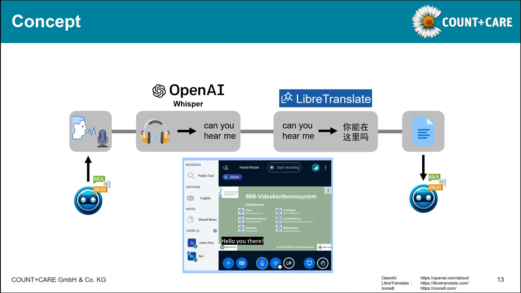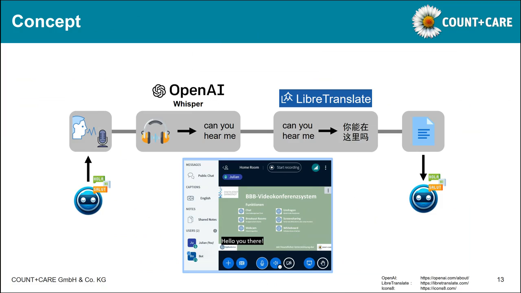So how am I doing this? On the left side, you can see my little bot, which joins the BigBlueButton session, like you already saw in the picture. Then it also joins the audio channel and starts listening to it.